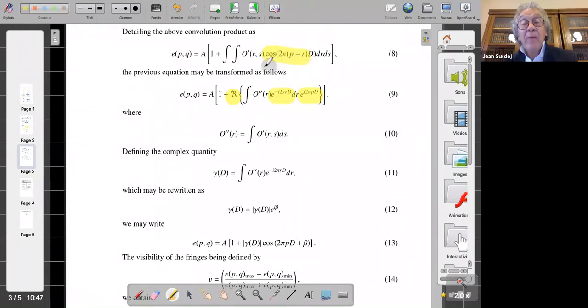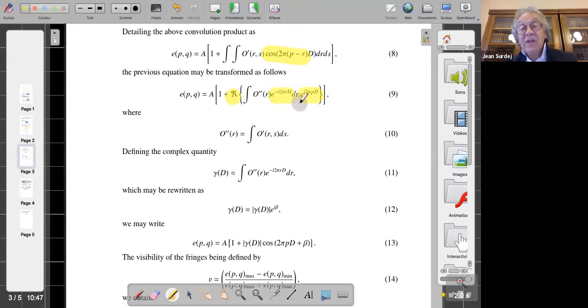So we may perform directly the integration on the s variable. So by defining this new normalized quantity, and by defining what you see here, the integration of O tilde times this complex exponential function dr is nothing else than a Fourier transform of the normalized intensity of the slice of the source.